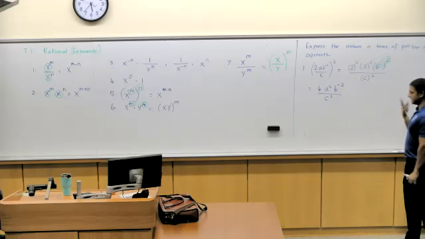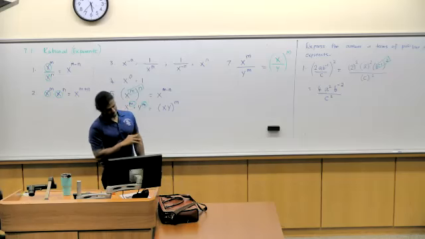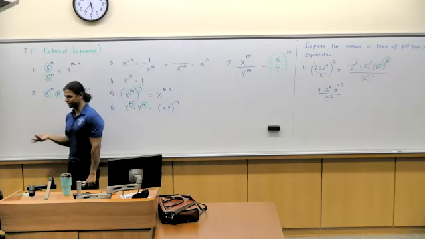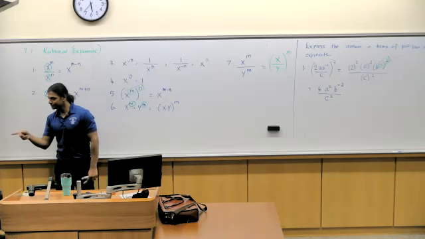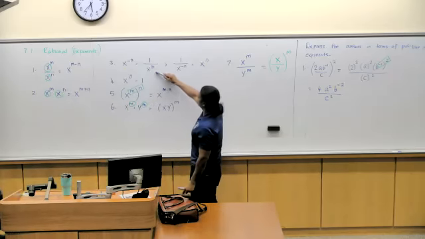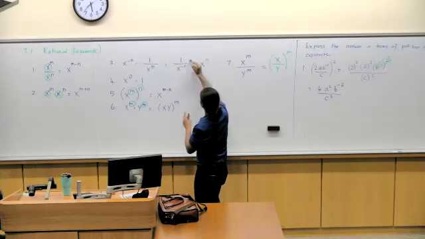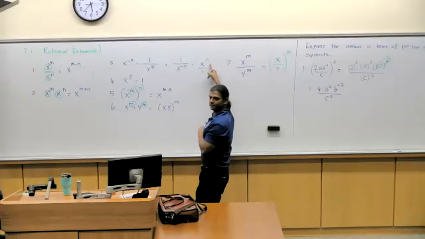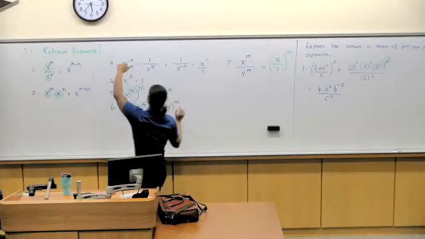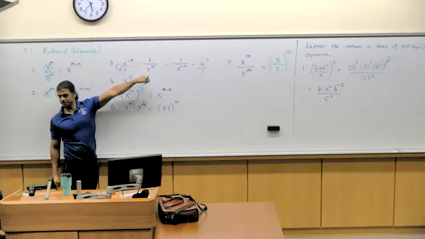Do you see a negative exponent? Yeah. So what should we do to convert that negative exponent to a positive exponent? Move it to the denominator. So if I had a negative exponent in the denominator, I move it to the numerator, it becomes positive. Likewise, if I have a negative exponent in the numerator, I move it to the denominator, it becomes positive.